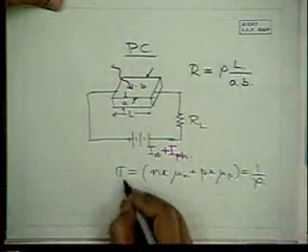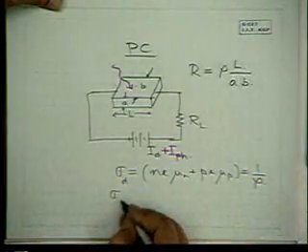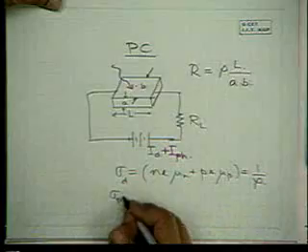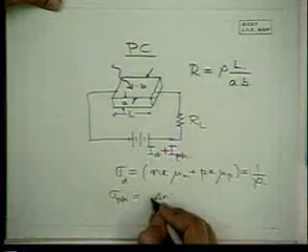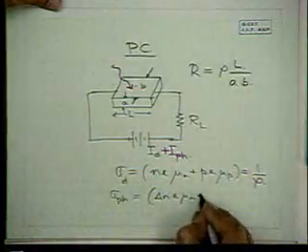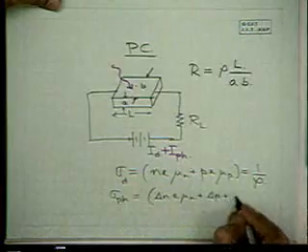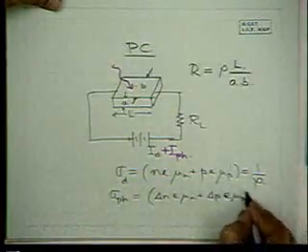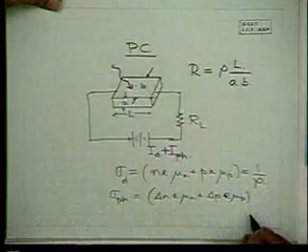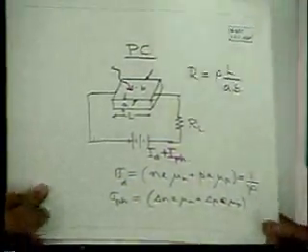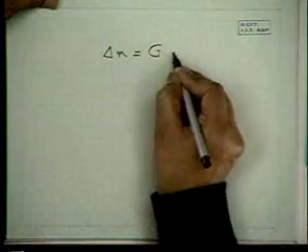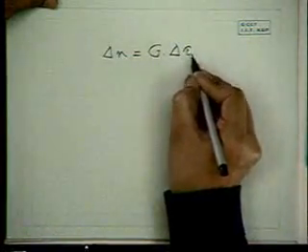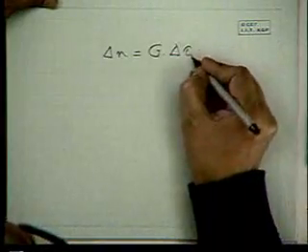We have sigma dark, and when you have sigma with light, you will have delta n e mu n plus delta p e mu p. And we know that delta n is just given by the generation rate times the lifetime of electrons.